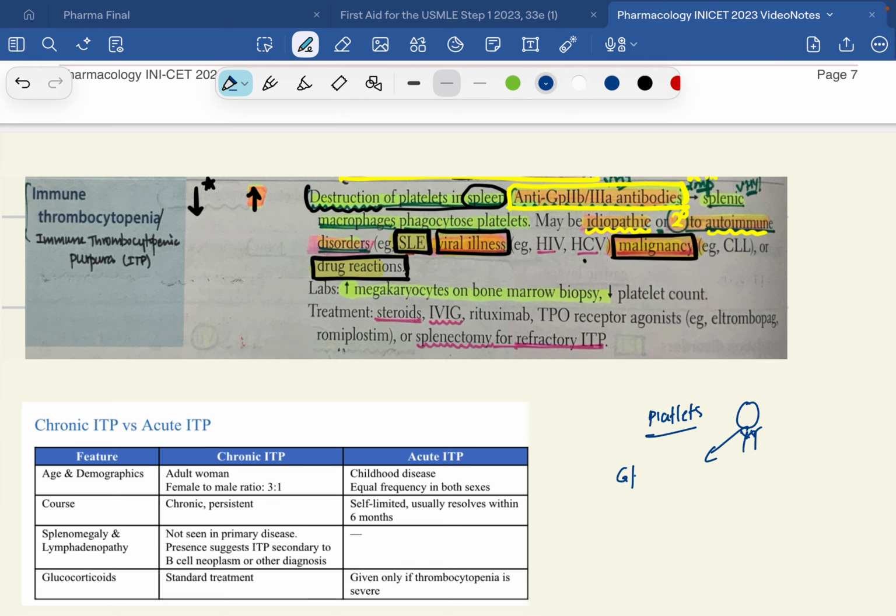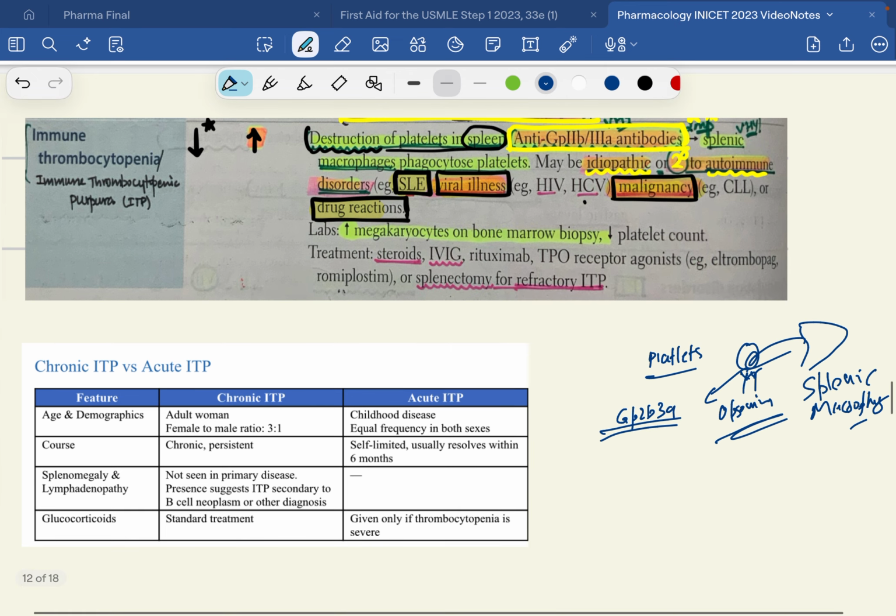The answer is GP2B3A. Next, the spleen is consuming these platelets which are marked with these autoantibodies. You can say it's a sort of opsonization. Now, what exactly in the spleen is consuming these platelets? The splenic macrophages.